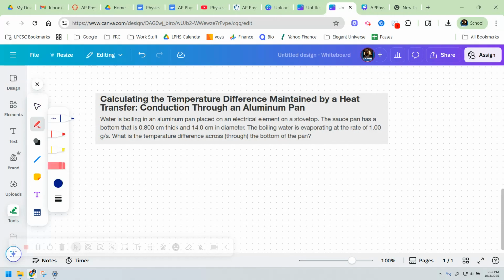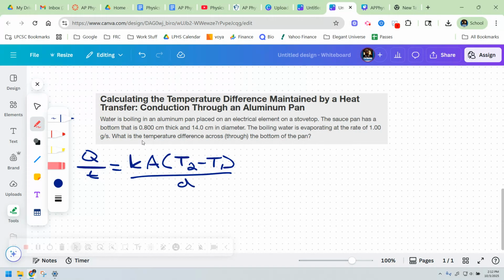We have the same relationship where I say Q over t, lowercase t, which is time, heat over time, is equal to conductivity times the area times the difference in temperature, all over d. And what they want to know is the temperature difference.